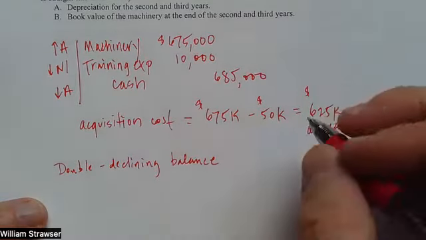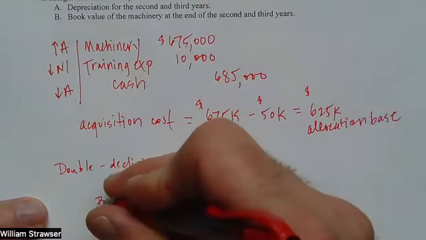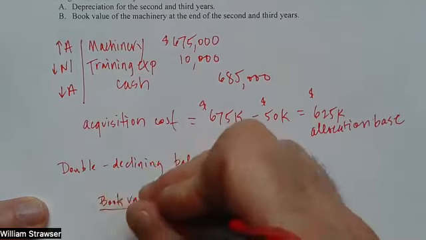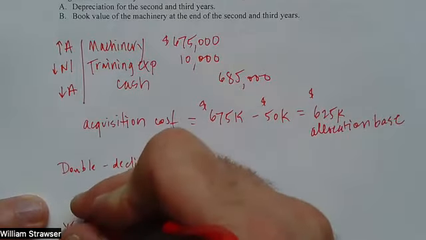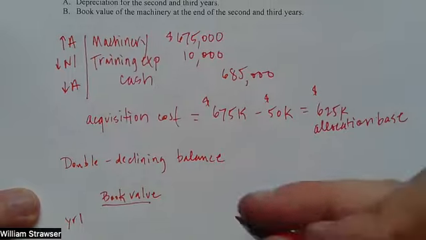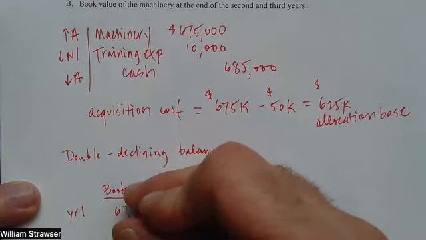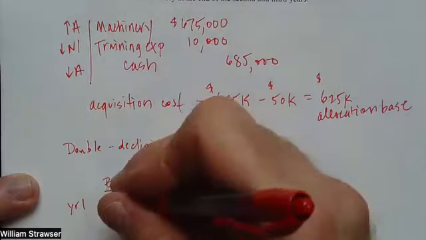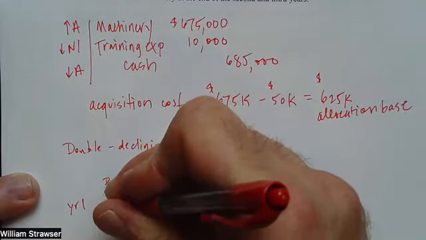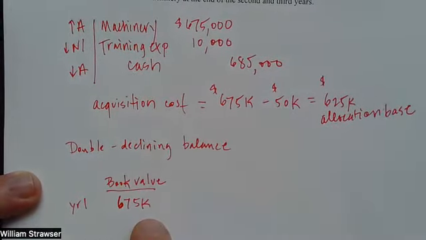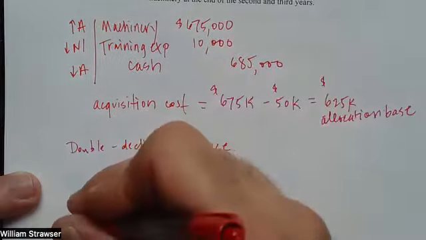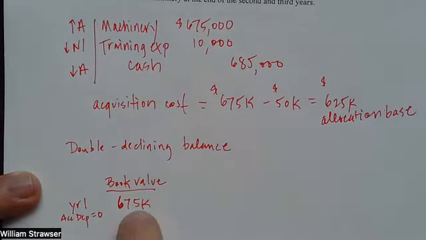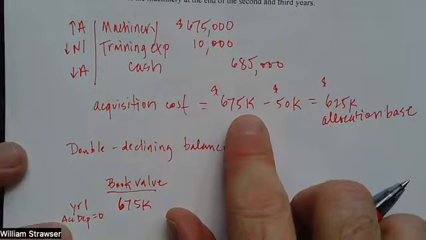So it just takes the book value of the asset at the beginning of the year as its way of determining the amount of expense. The book value is 675 because there is no accumulated depreciation at this date. So if accumulated depreciation equals 0 at that date, it's just the full historical cost.